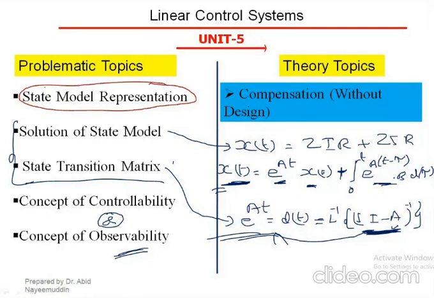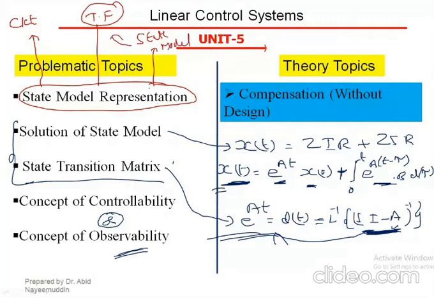The first case is where the circuit is given, the second case is where he will give you the transfer function, and the third case is where he will give you the state model directly and ask you to find the transfer function. All three cases we have discussed, and just now I derived the expression for how to determine the solution of the state model, that is x of t.